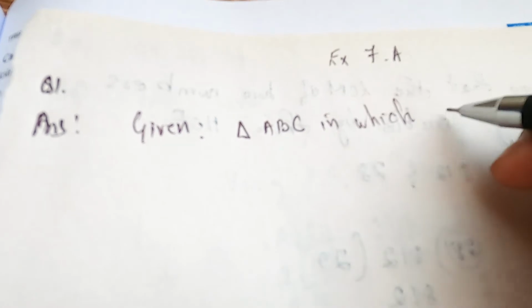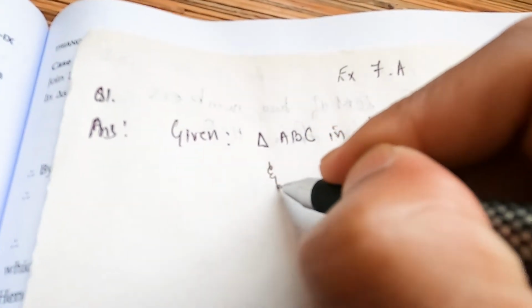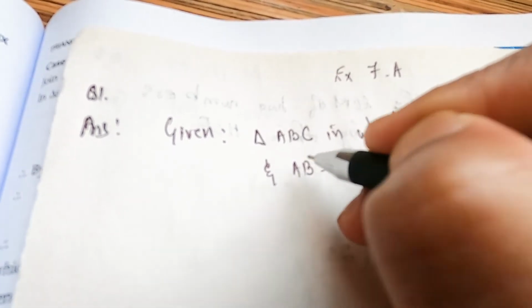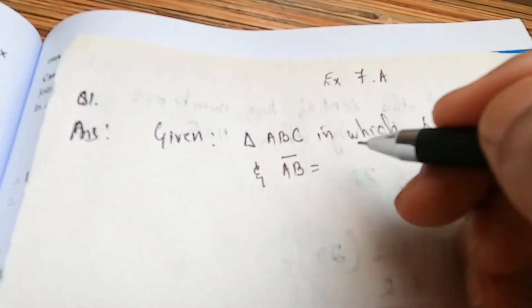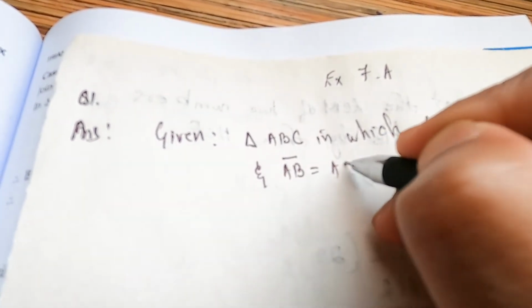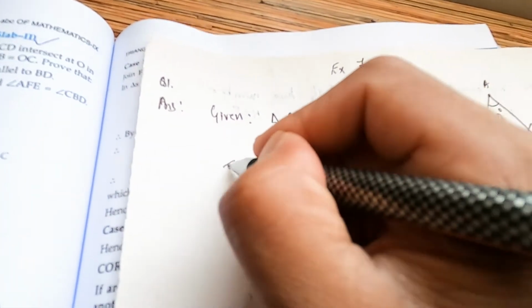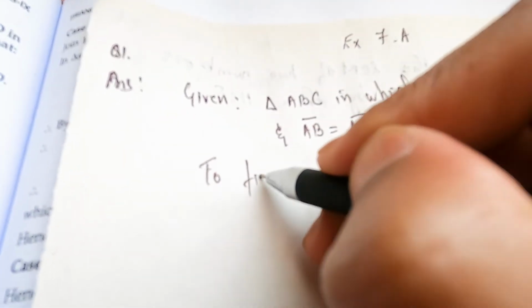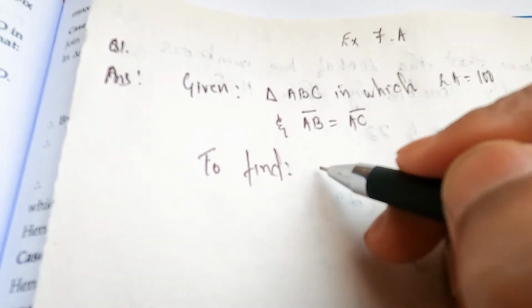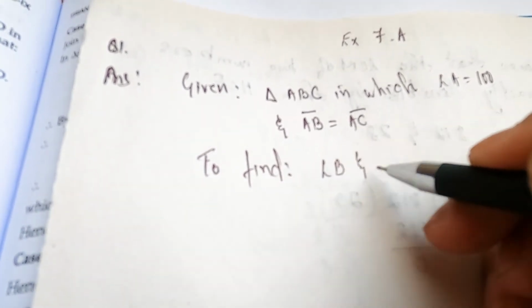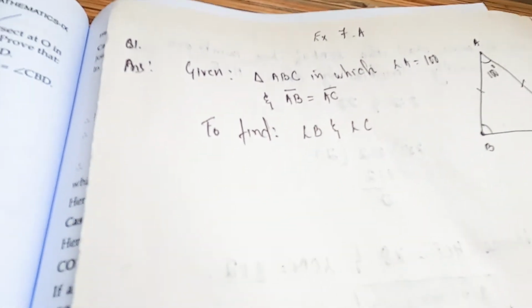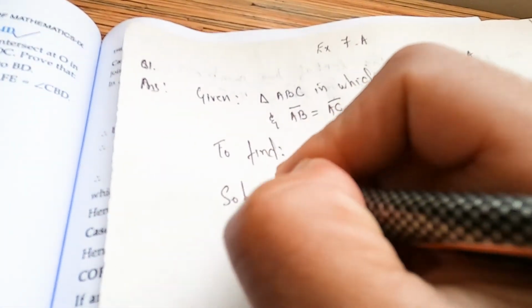Triangle ABC in which angle A is 100 and side AB is equal to side AC. Then to find, what do we have to find? We have to find angle B and angle C. So, solution.